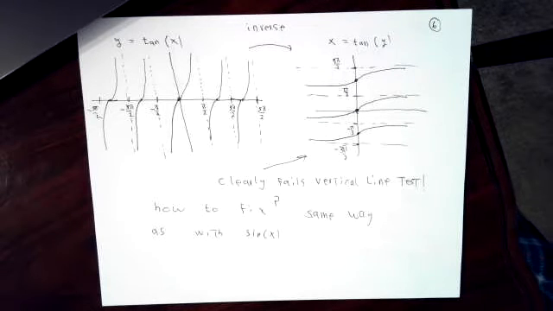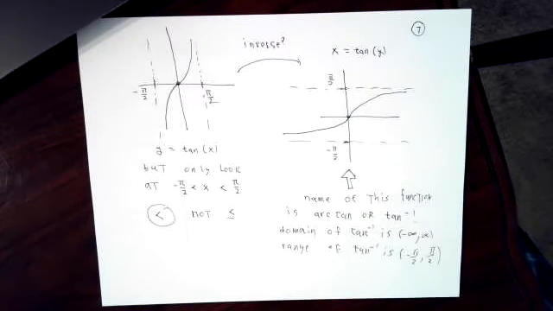The way we're going to fix this up is the same way that we fixed it up for the sine function. We have the same issue as before. I need to have a chunk of the graph of the tangent function that produces all values that the tangent function can produce and doesn't have any repeats.